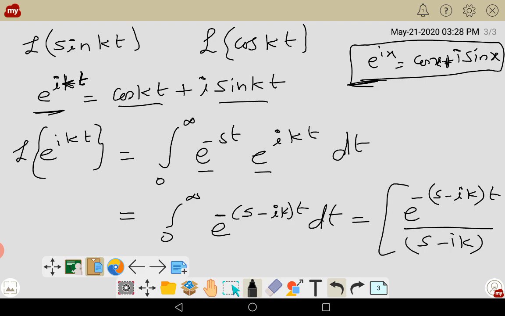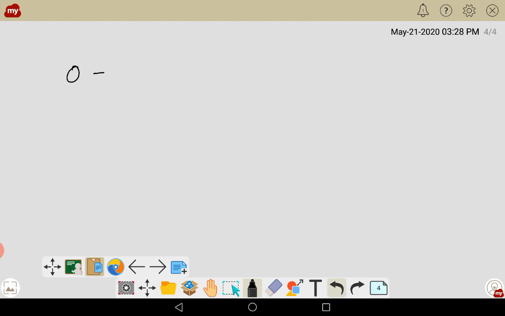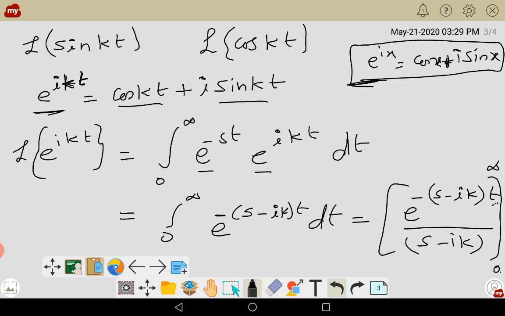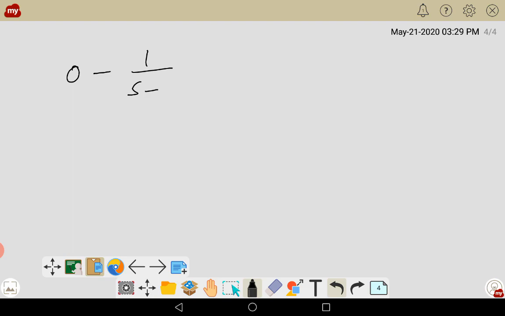The upper and lower limits have to be used. The lower limit is 0, the upper limit is infinity. When you substitute the upper limit, t is infinity, e raised to minus infinity is 0. The lower limit gives t is 0, so e raised to 0 is 1. So what do you get when you substitute the upper and lower limits? 0 minus 1 over minus s minus ik.